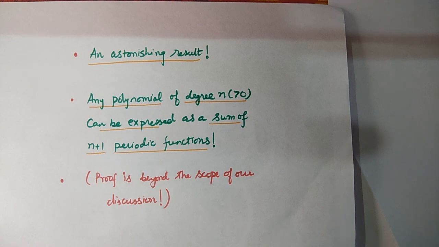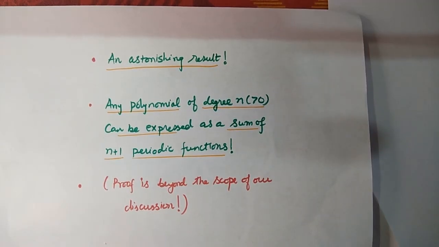The proof is beyond the scope of our discussion since it involves viewing R as a vector space over Q, which is an infinite dimensional vector space, and then considering its Hamel basis and stuff. All those things we will not be interested in in our present course, as they are fairly deep from an engineering perspective.